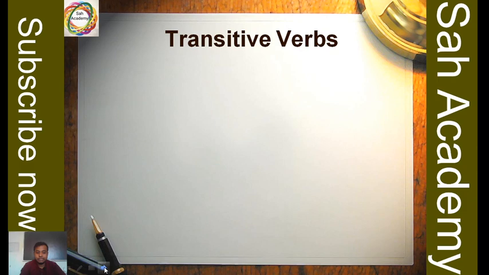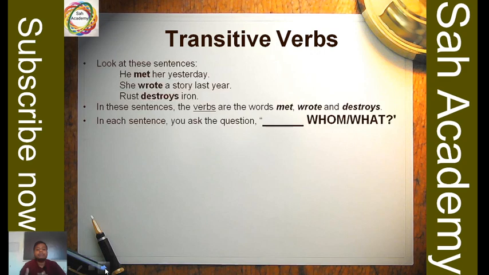Now comes the next part, that is examples. Okay, look at these sentences. He met her yesterday. She wrote a story last year. Rust destroys iron. In these sentences, the verbs are met, wrote, destroys. In each sentence, you have to ask the question whom or what.